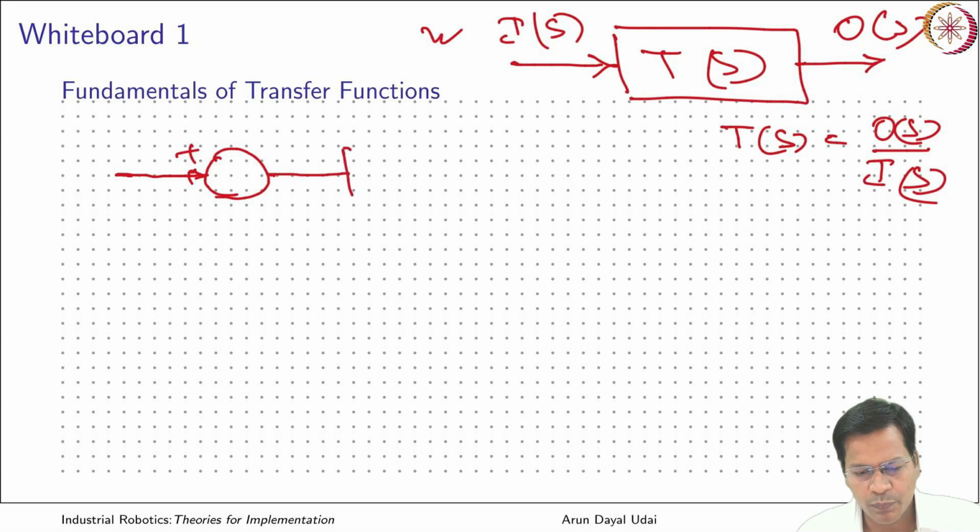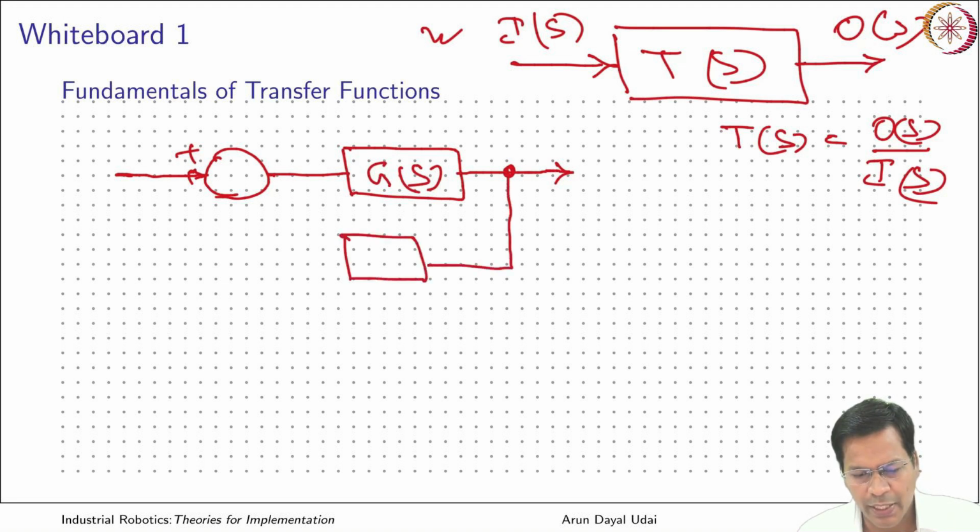This goes to a transfer function G(S), and that is your output. You have a tapping from here that comes through a feedback line, that is H(S), and comes here with a negative sign.